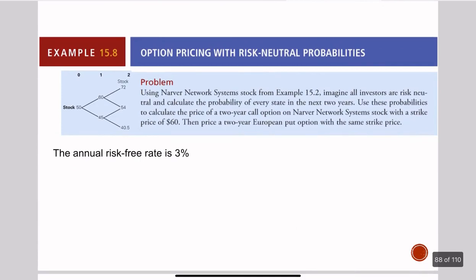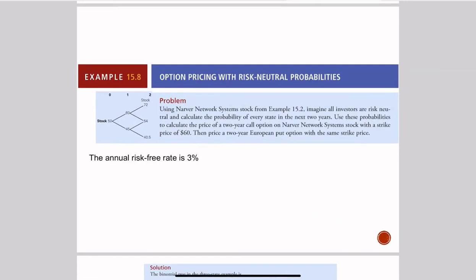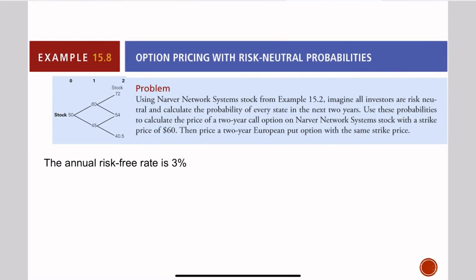Okay, now let's look at this example. Using Narvar network systems from the example, we imagine all investors are risk neutral. So basically, obviously, we are thinking about a risk neutral world, right? Calculate the probability of every state in the next 2 years.